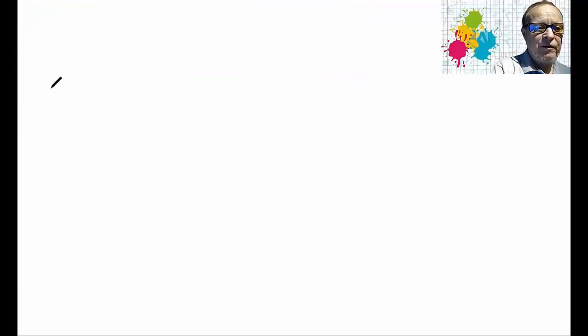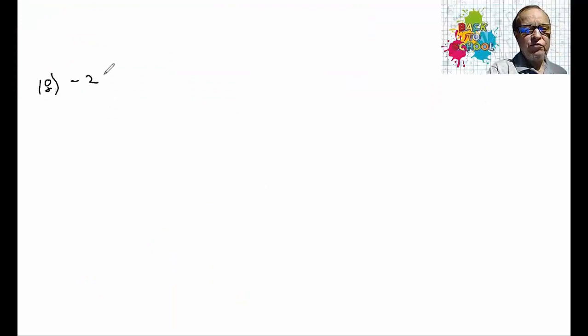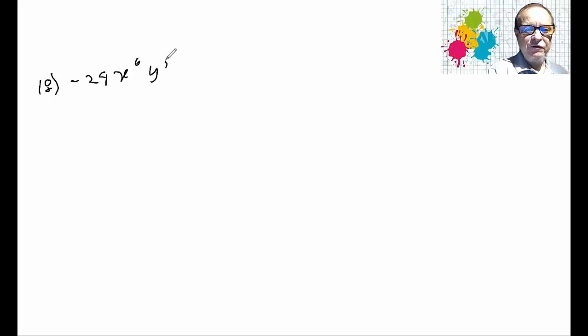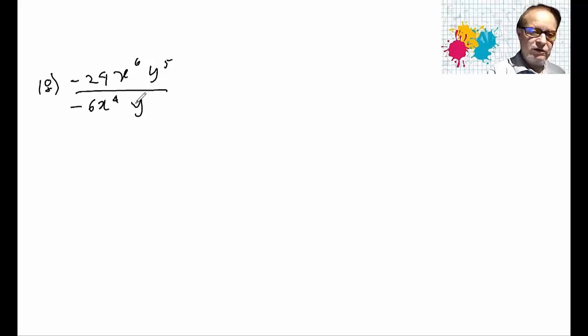In example number 18, we have negative 24 x to the 6th y to the 5th divided by, or over, negative 6 x to the 4th y squared.